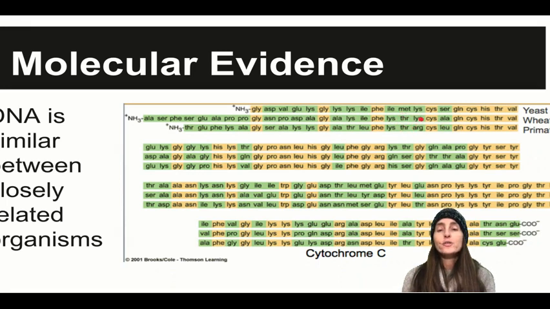And so by this, you can start counting how similar are yeast and wheat? How similar are wheat and primate? How similar are primate and yeast? And you can start to figure out which ones are most closely related because of the change in their protein structure, which is closer to the DNA, which is what ultimately is changing to change the outward appearance.